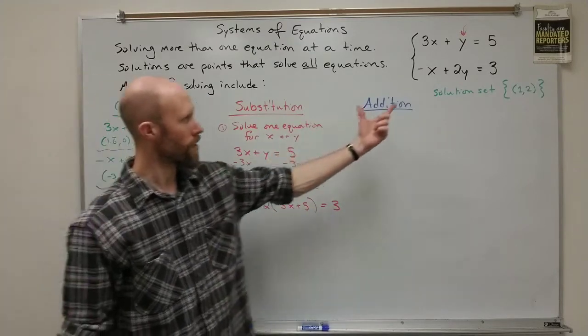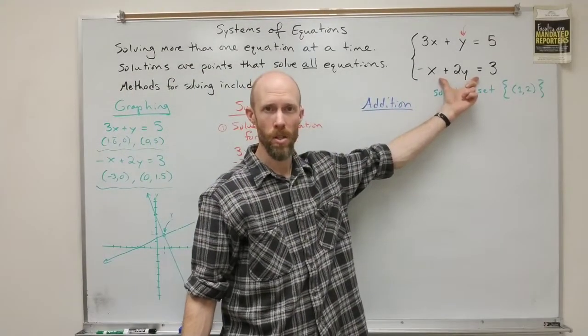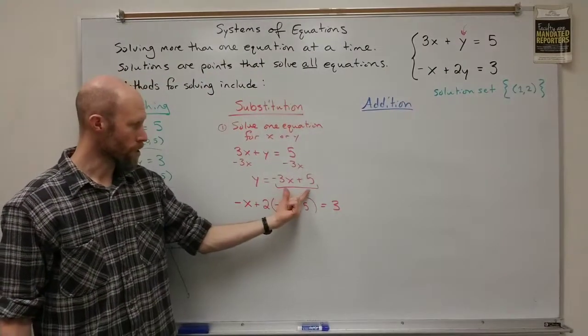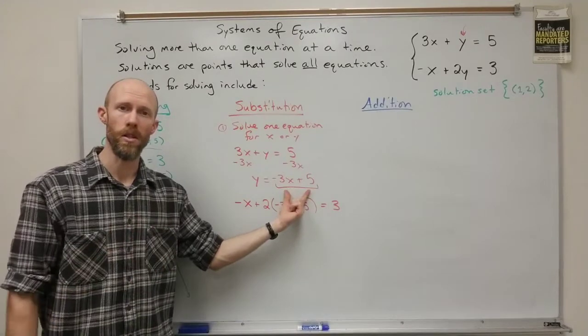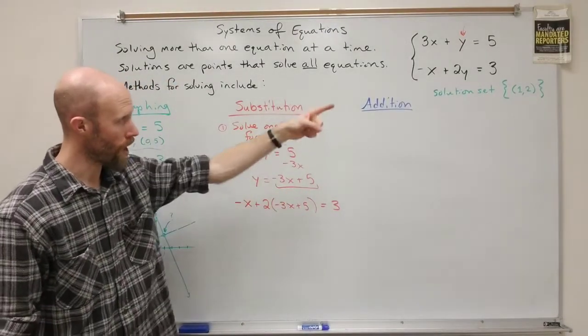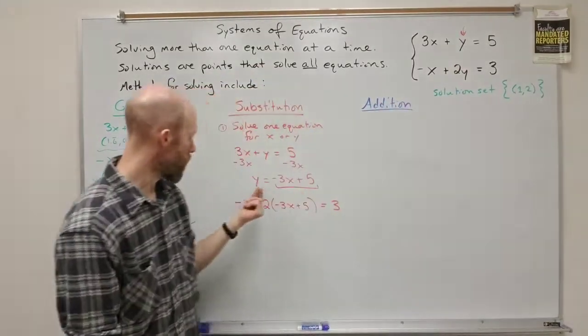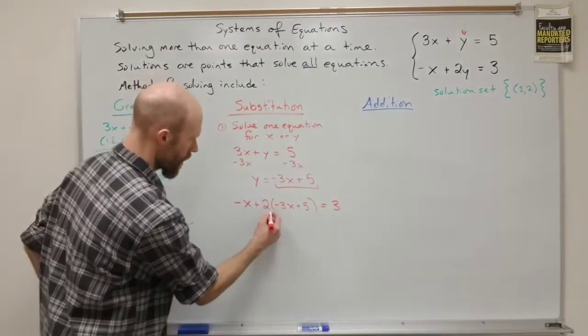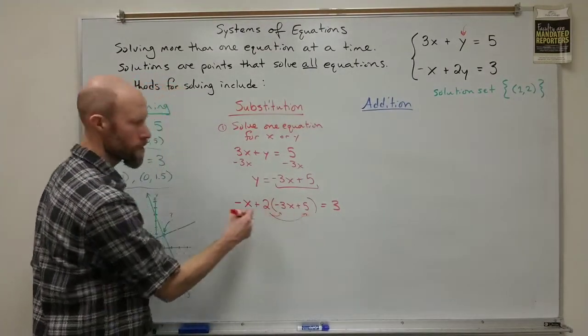So I'm taking the structure from the second equation and I'm replacing the y in it with the expression from the previous equation that we just found. So I'm swapping out the y here and putting in what's equal to it. All right, and then I can distribute, so that was our substitution step.